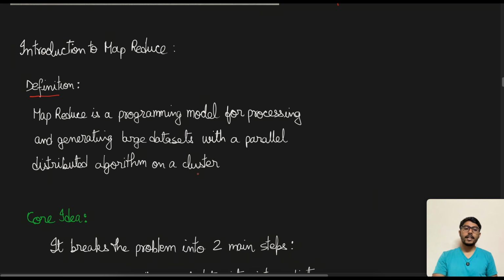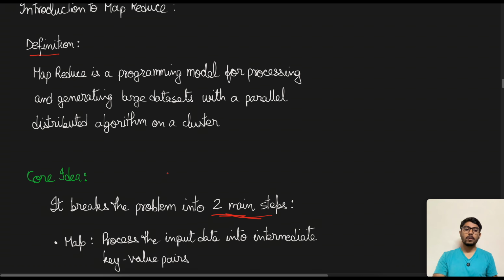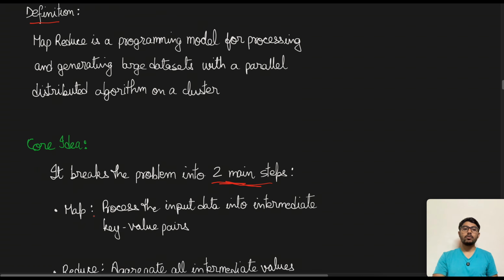So the core idea that comes from this is that it breaks the data set processing problem into two main steps. The first one is map, which processes the input data into intermediate key value pairs.